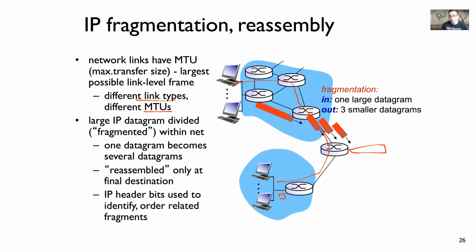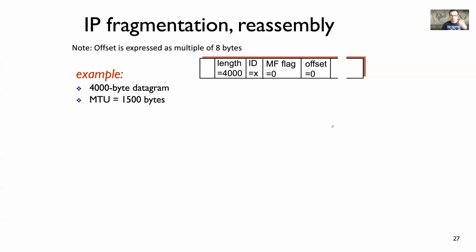So we need to add certain information in the headers so that the recipient can align them correctly and combine them. And the recipient should also know it has received all the fragments, because how would it know that there are 3 fragments and not 4 and not 2? So we need to add certain information in those headers to allow the destination to do the reassembly.